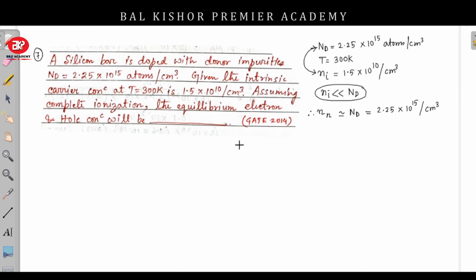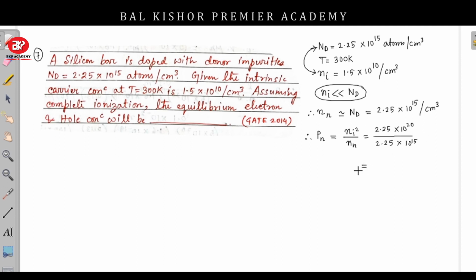Similarly, using the mass action law, we can find the minority carriers also. The minority carrier concentration Pn, that is the hole concentration, can be written using the mass action law as Ni square divided by Nn. The Ni value is given as 1.5, so Ni square will be 2.25 into 10 to the power 20, divided by the Nn value, 2.25 into 10 to the power 15.